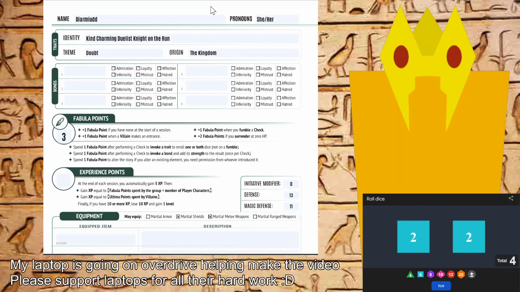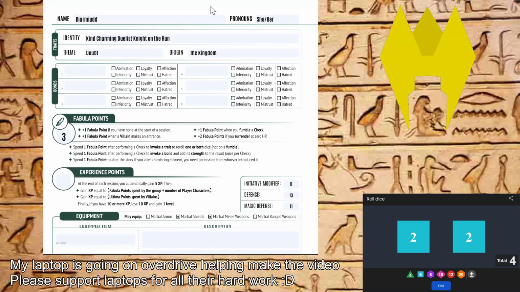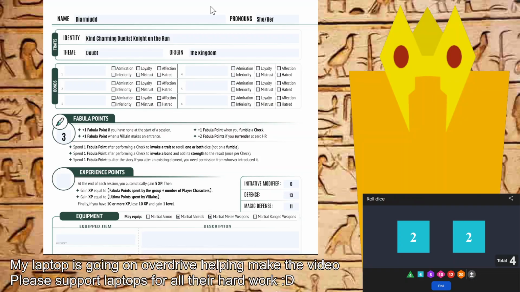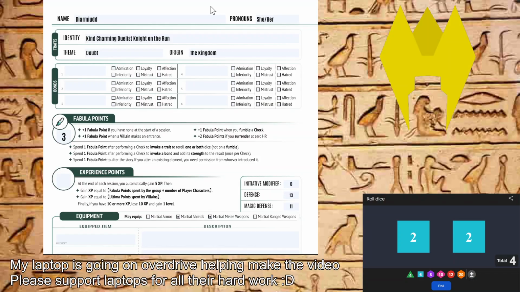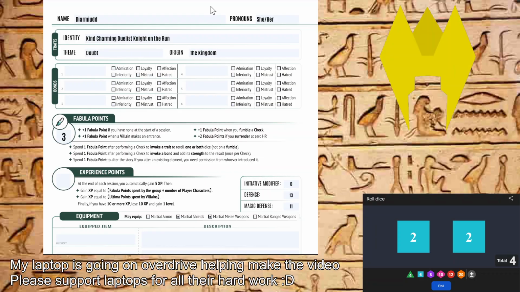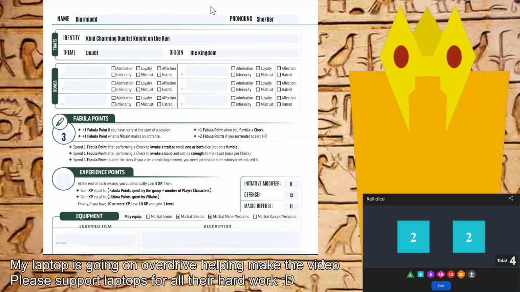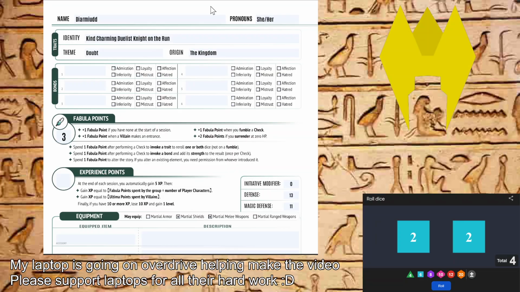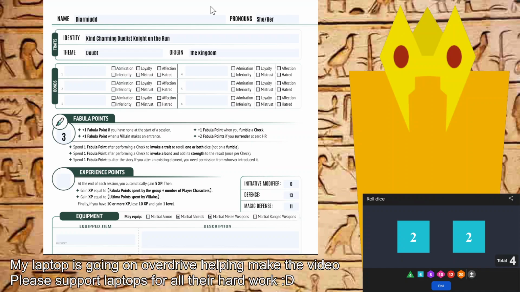Due to her initial upbringing, does she really deserve to be a knight, despite her charm, despite her kindness, and also despite her capabilities of being a knight? A well-earned title of being a knight. And so, this is our character.